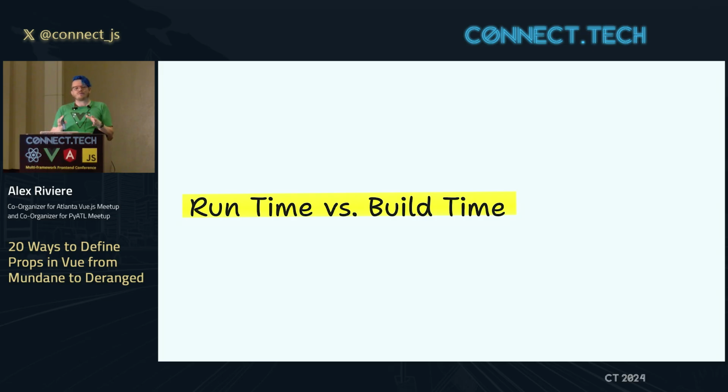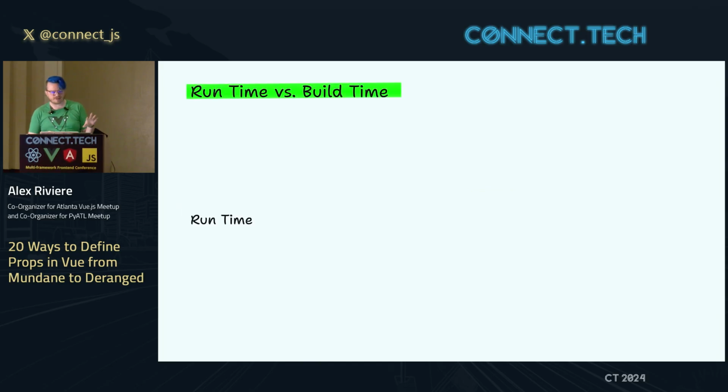So going forward, we need a build step. I want to talk about runtime versus build time and make sure that we're all on the same page about the difference, because we're going to get into some shenanigans in a minute. In runtime, everything is interpreted in the browser, right?